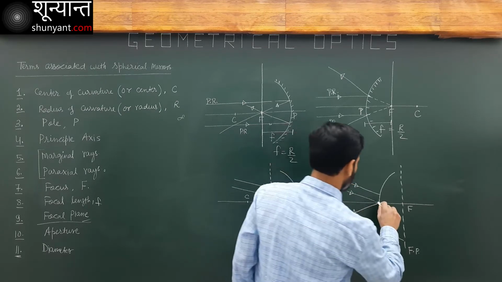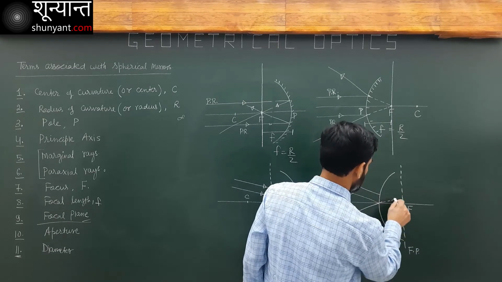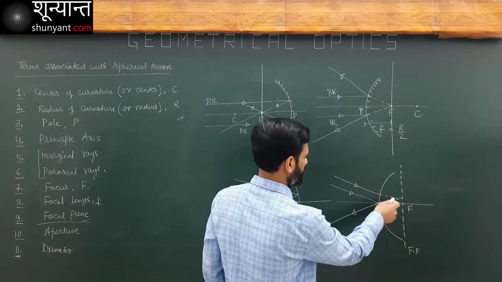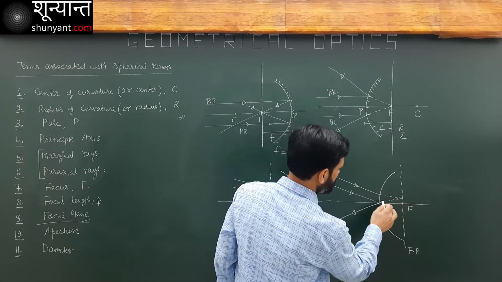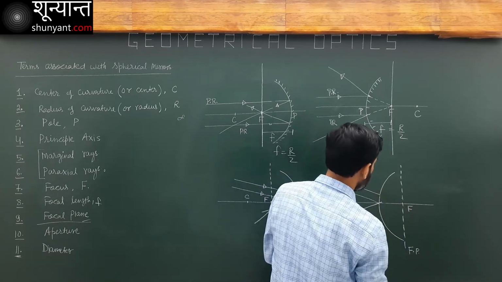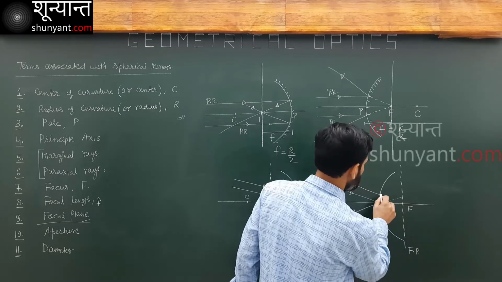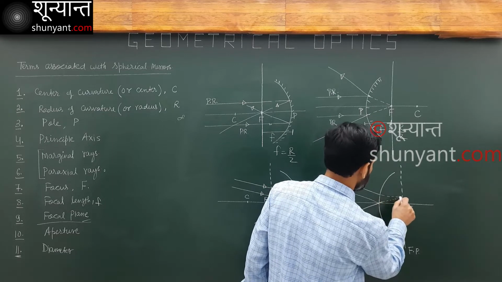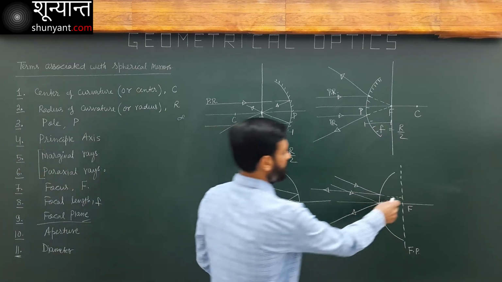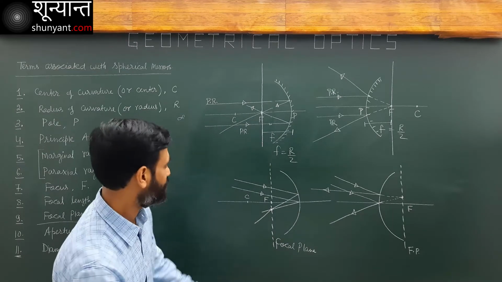Now, if I extend it backward, this is how it is going to diverge. I think I'm making some mistake here. Whatever. So it is like this. So this will be diverging from this point, something like this. So it will be diverging from a point which will be on the focal plane. This is the importance of focal plane.